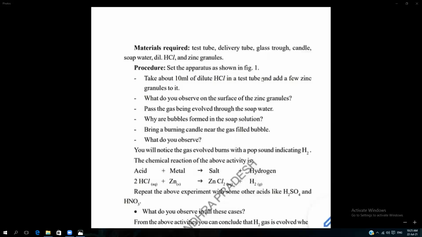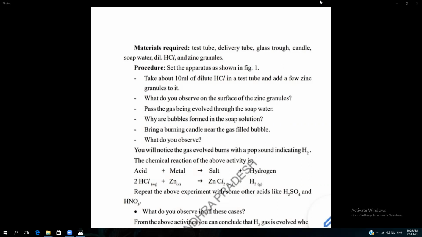So you have to think about which gas may be evolved. It may be hydrogen gas. H2, sir. Yes, hydrogen gas. What is the nature of hydrogen gas? Hydrogen gas does not support the burning of any material.